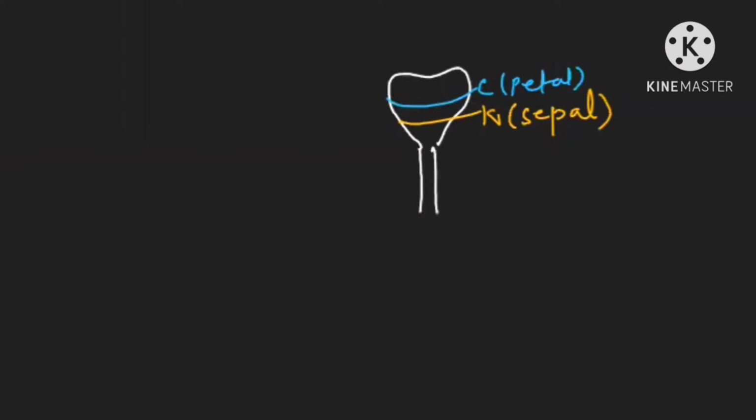Then this is your androecium whorl, whose members are known as stamens. And the innermost is your gynoecium whorl, which is your carpel.